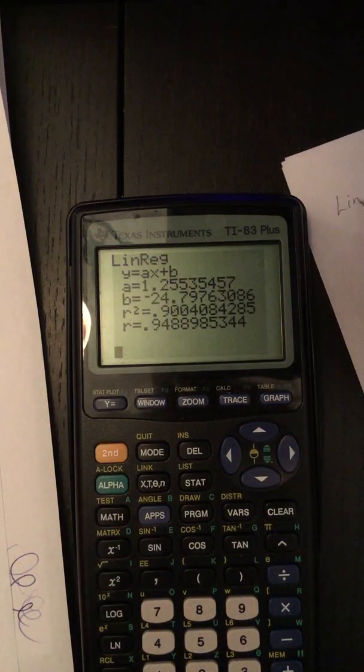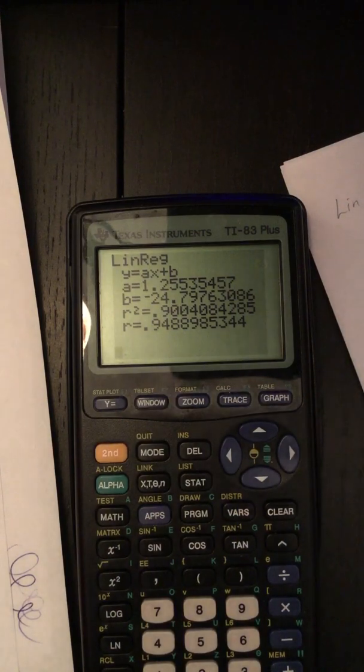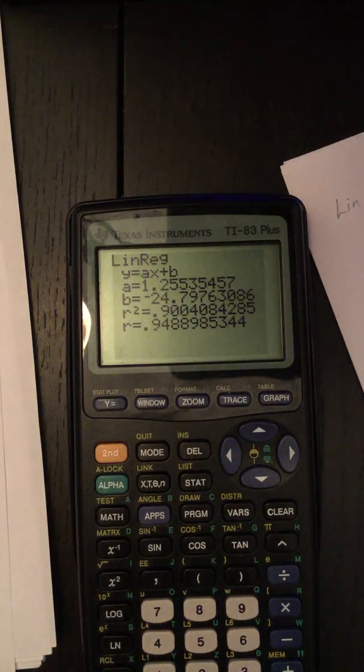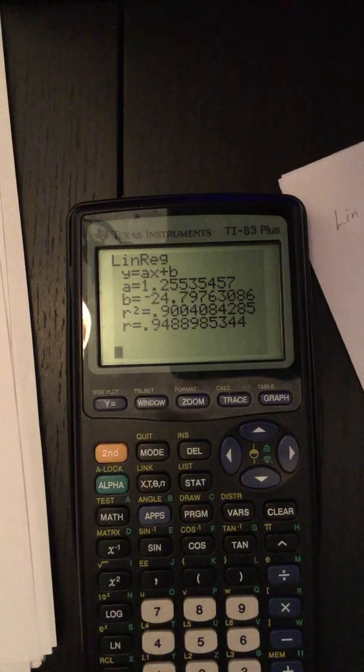So for linear regression, my r² value is 0.9004. We're just going to do 4 decimal places at this point. Okay? That's interesting. I got a different one before. That makes much more sense. Okay, I must have done something wrong when I did it last night.